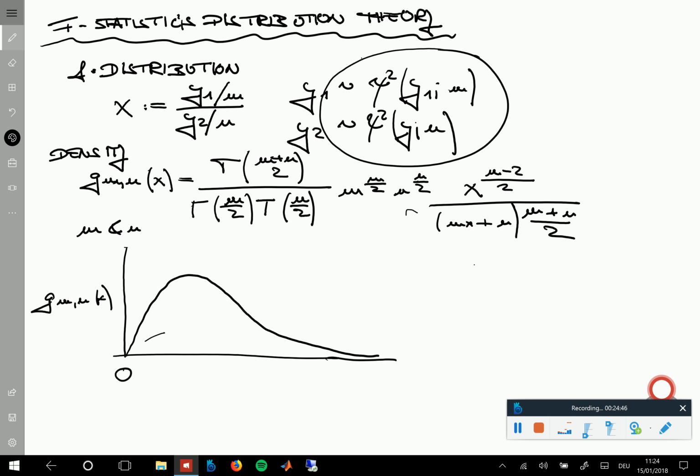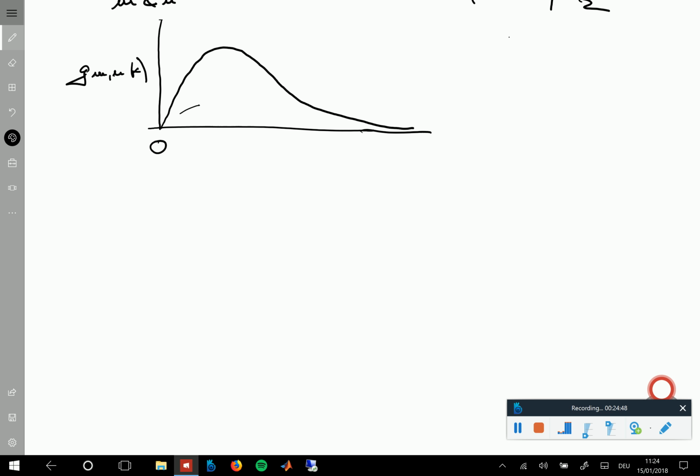So what is actually chi-square distributed in terms of the F statistic are the following quantities.